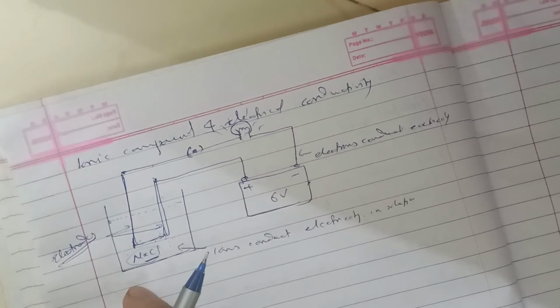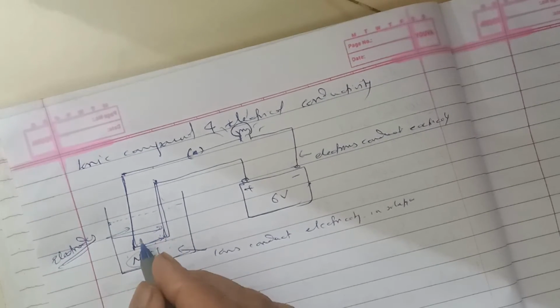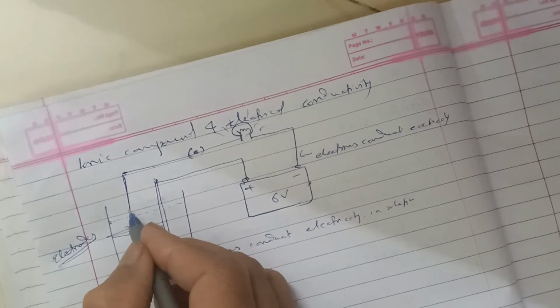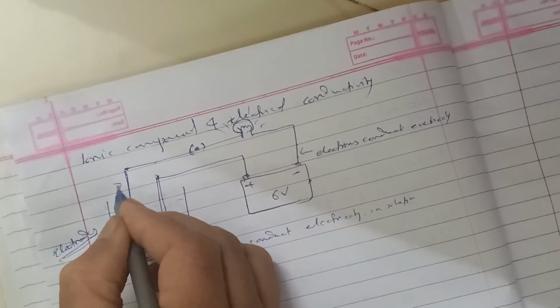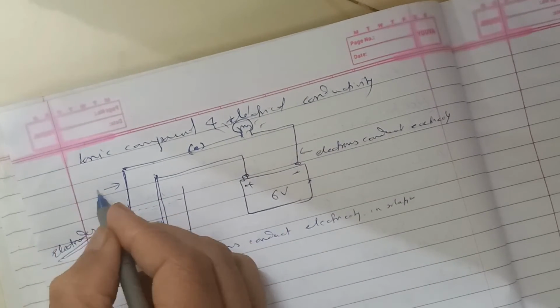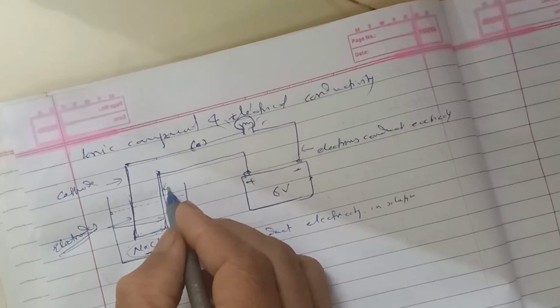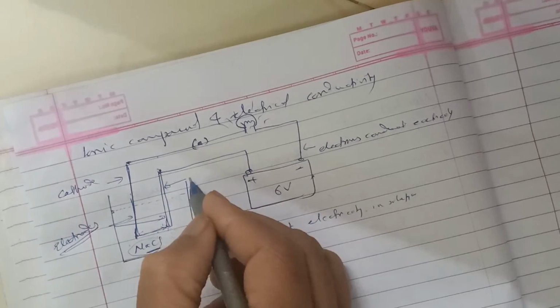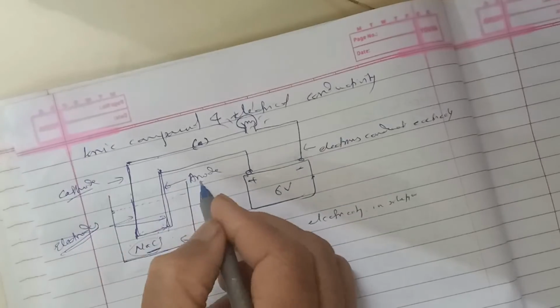They are usually made of solids. The end connected to the negative terminal of the battery is called the cathode, and the one connected to the positive terminal of the battery is called the anode. Cathode and anode, two terminals are there.